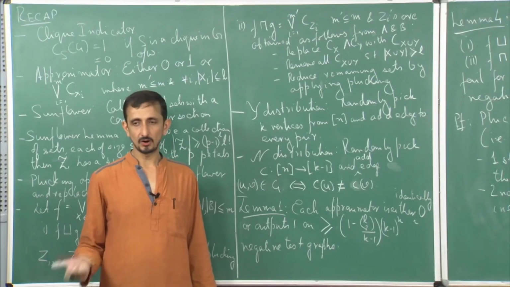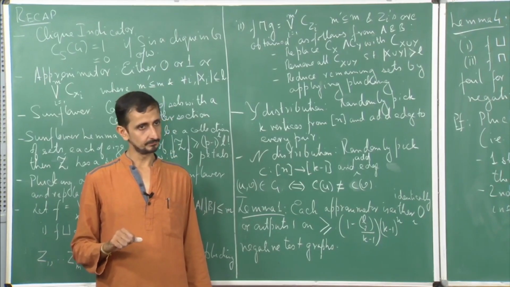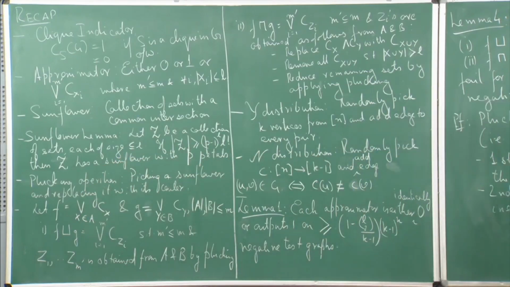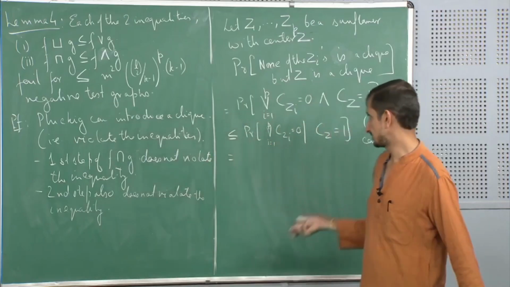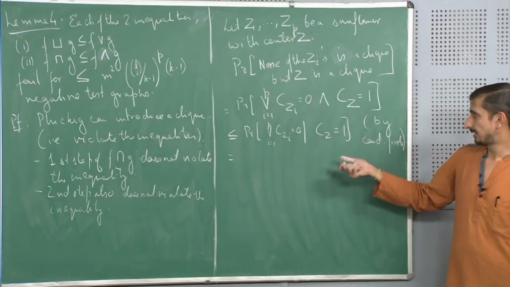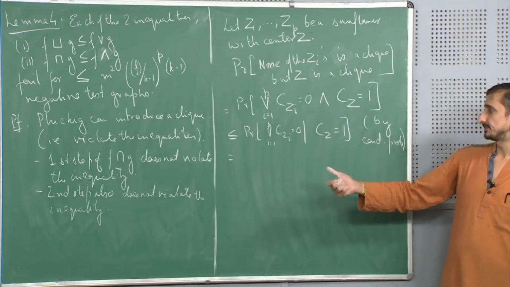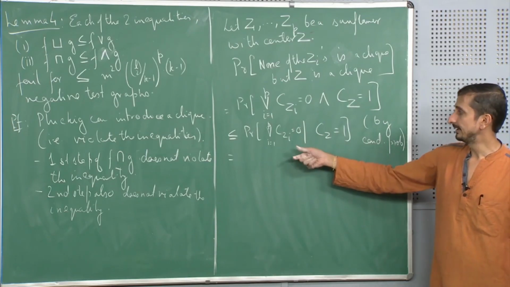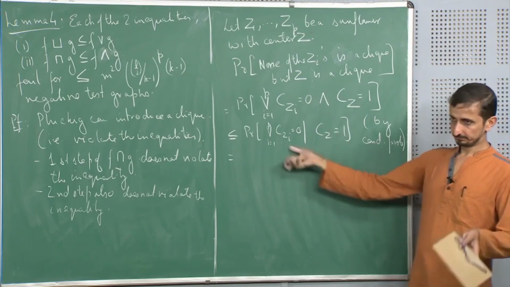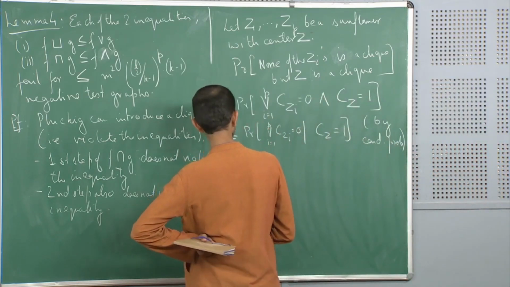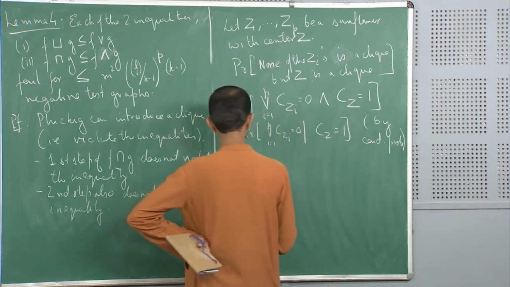Are they independent or not? Each of these events are mutually independent, because the way I assign the colors, it is a random coloring. So each of these events are mutually independent by the way the coloring function was picked.